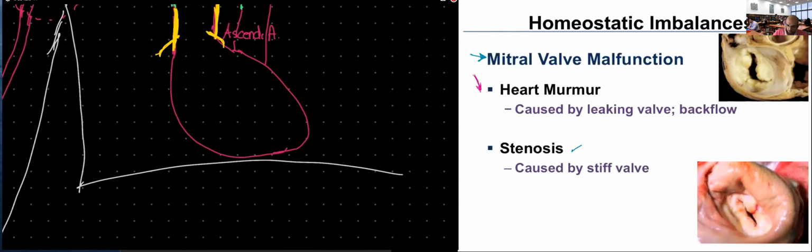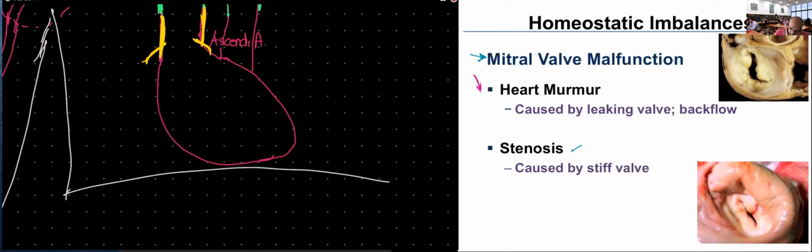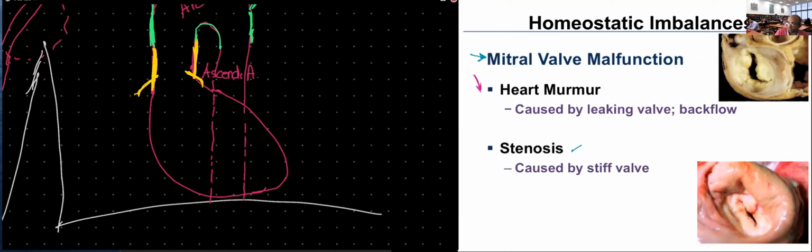All right, so moving on to the next part of the aorta, which is the descending aorta. Remember, the descending aorta has a part that travels in the chest, which we call my thoracic aorta.